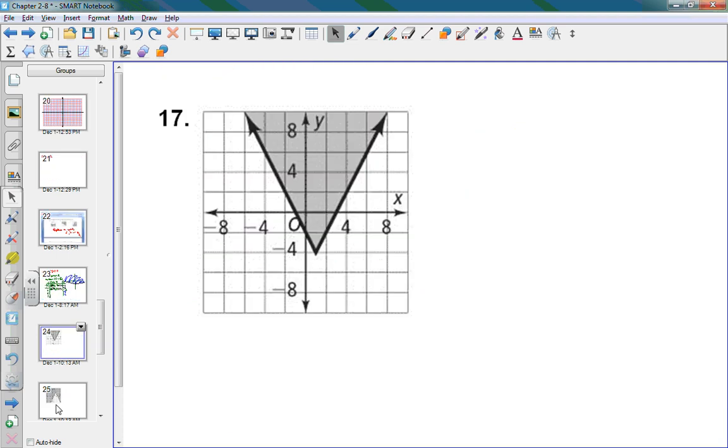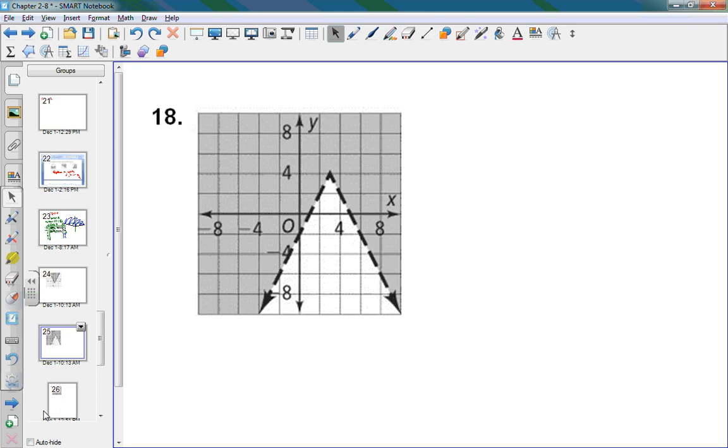Number 17. Actually, let's do 18. I need to find the equation of this line, so how do I do that? Find my vertex. What's my vertex? It's a scale, people. So this is the point 3, 4. So my vertex is 3, 4.